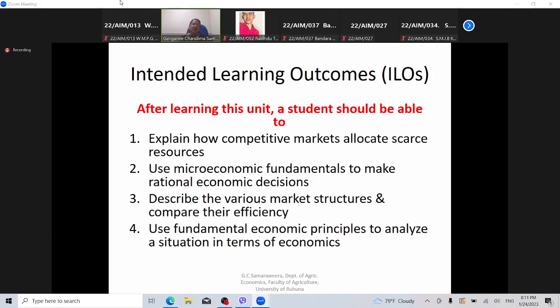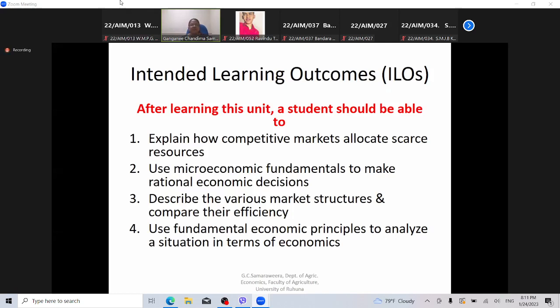Then you will be able to explain how competitive markets allocate these resources. The second intended learning outcome is to use economic fundamentals. We have different fundamentals in microeconomics. So we have to use these fundamentals to make rational economic decisions.